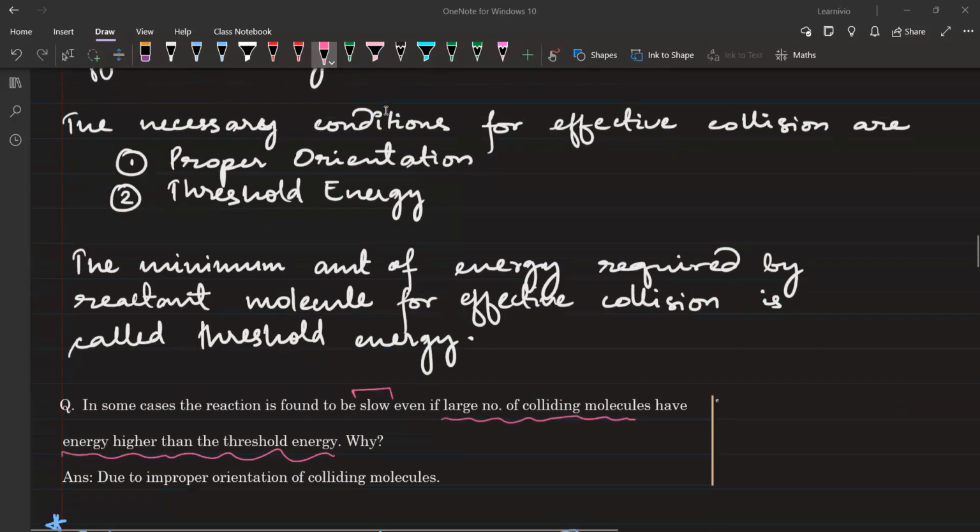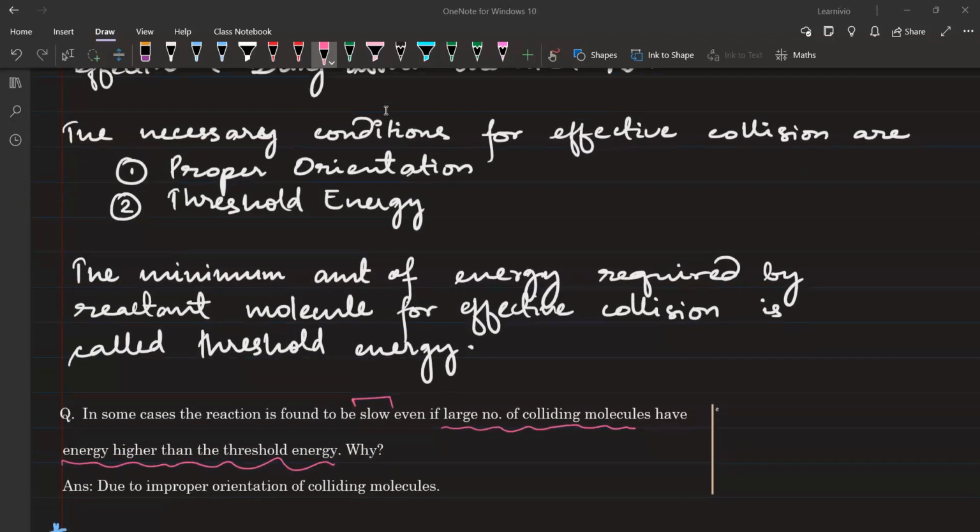Now, a good question has come once: in some cases the reaction is found to be slow even if a large number of colliding molecules have energy higher than threshold energy. Why? So they are saying that one of the conditions for effective collision has been met. Necessary conditions: proper orientation, threshold energy.